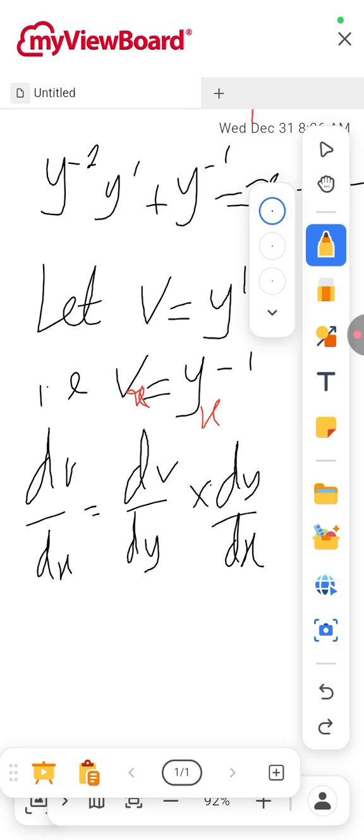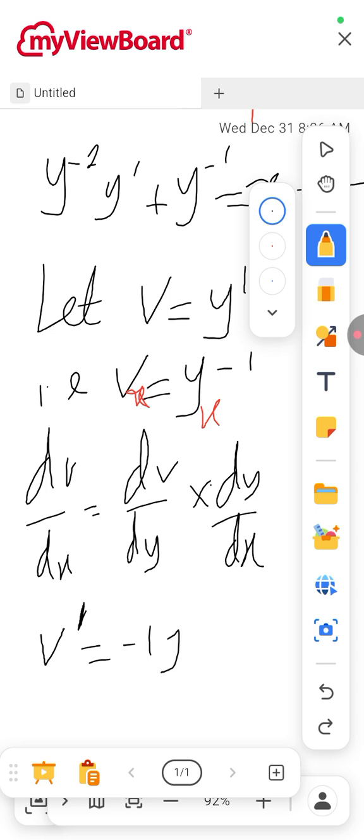So what I'm saying now is my dv dx, that's v prime. So let me use v prime to represent that. So my dv dx, which is v prime, is now dv dy. dv dy means differentiate this part here the standard way that we used to differentiate. That's use the power to multiply the coefficients, then take away 1 from the power. So minus 1 times 1 is minus 1.